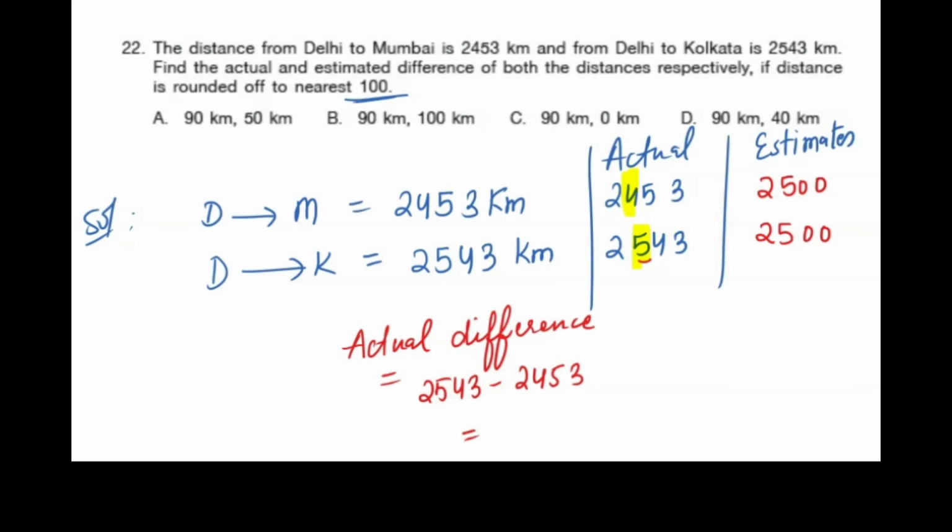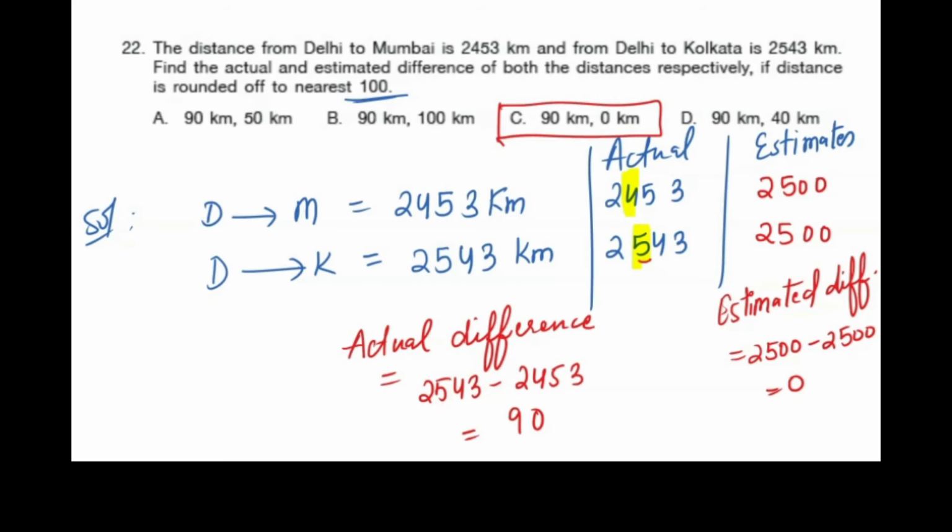That will give us 3 minus 3 is 0, 9, 90. And estimated difference, as we all can see, is 2500 minus 2500, that is 0. So 90, 0. Option C is the correct option.